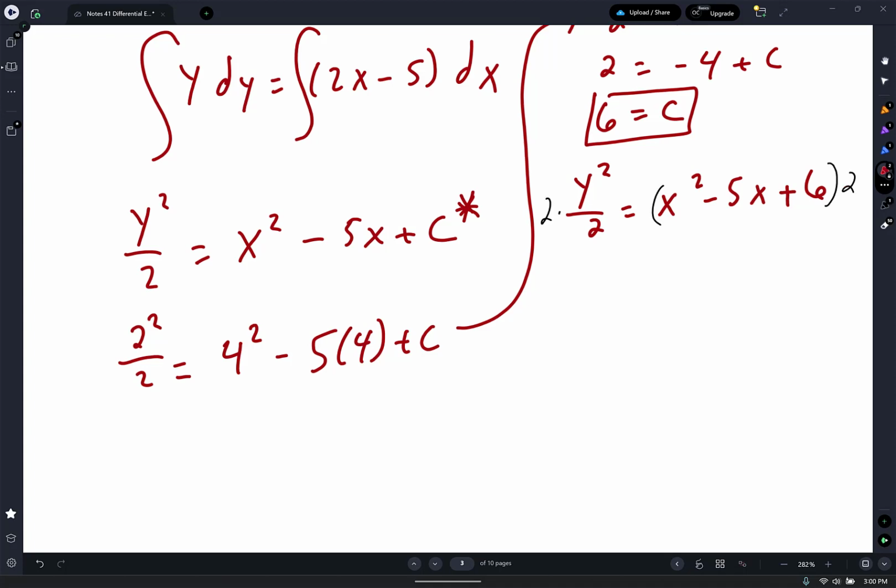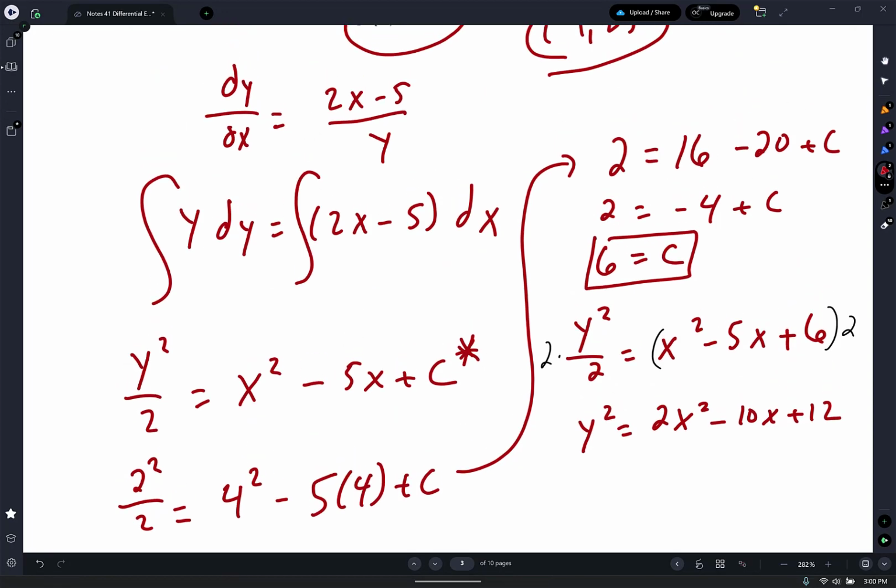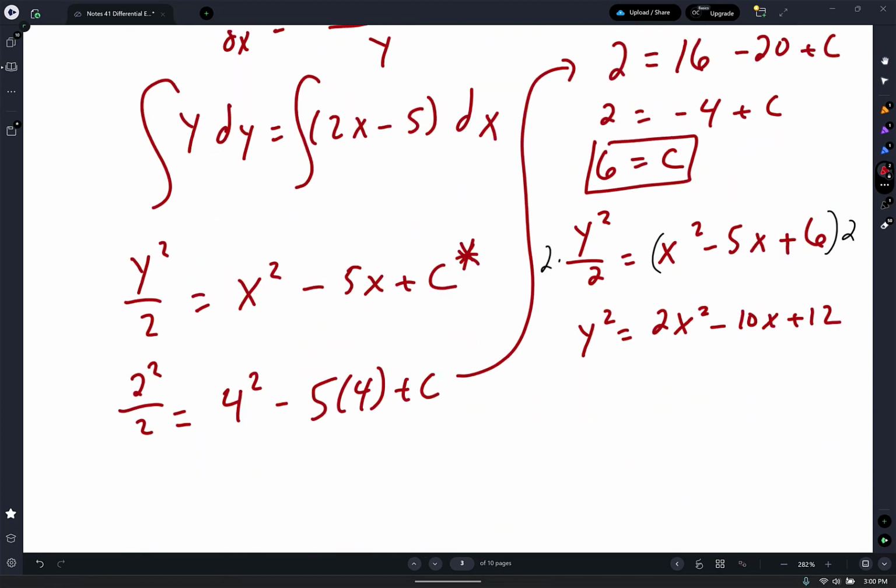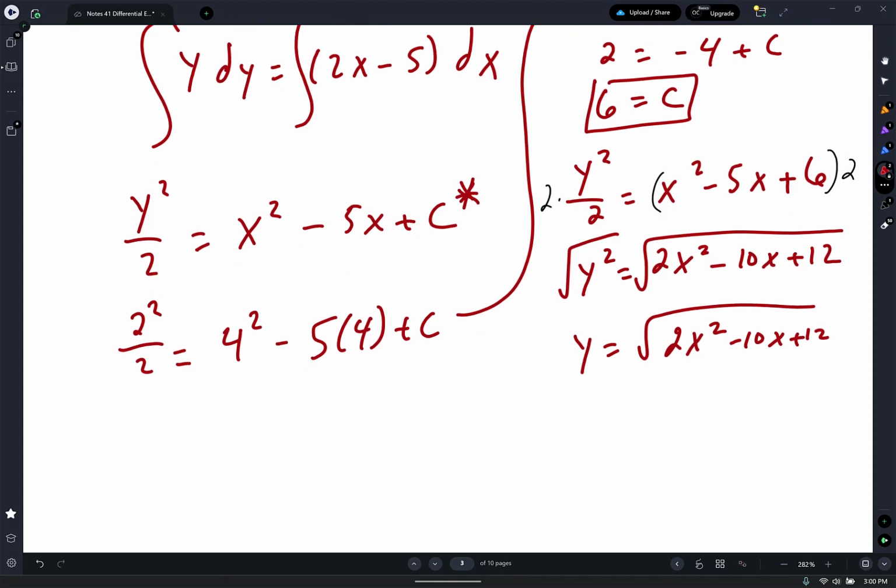So y squared equals 2x squared minus 10x plus 12. And then what do I do to get rid of that square? Square root. So y equals the square root of 2x squared minus 10x plus 12. I'm just going to write f of x equals the square root of 2x squared minus 10x plus 12.